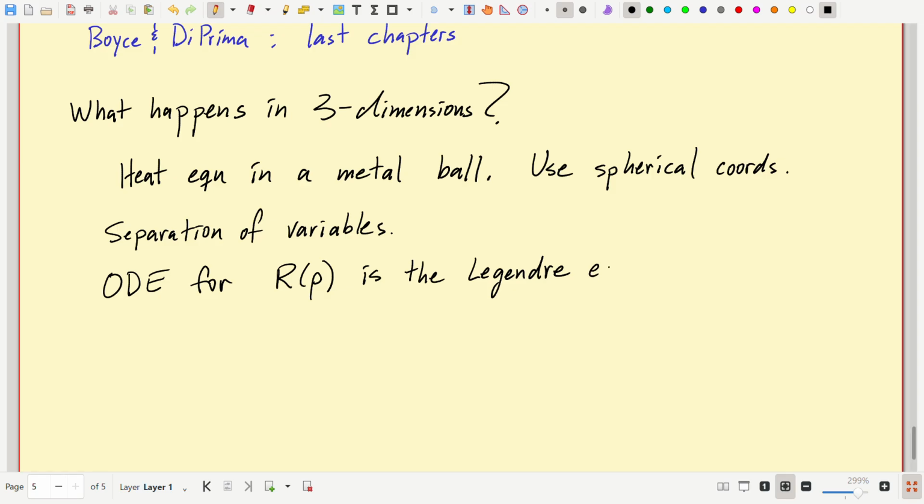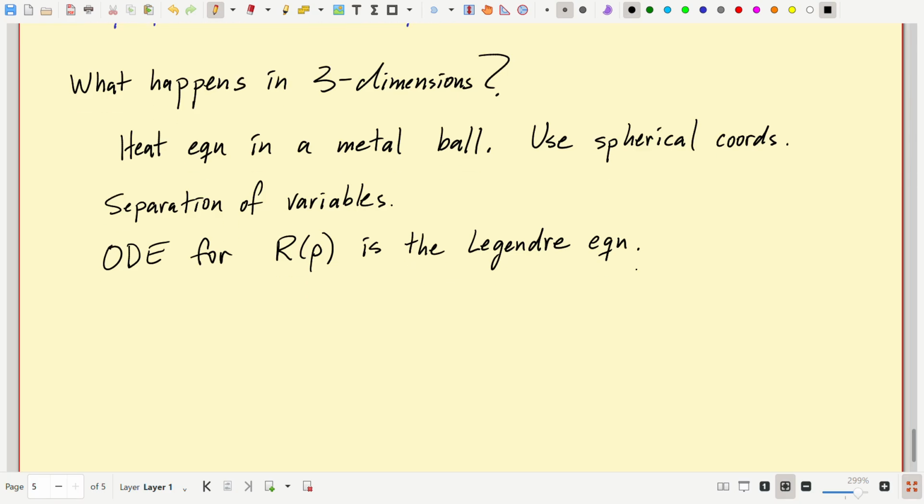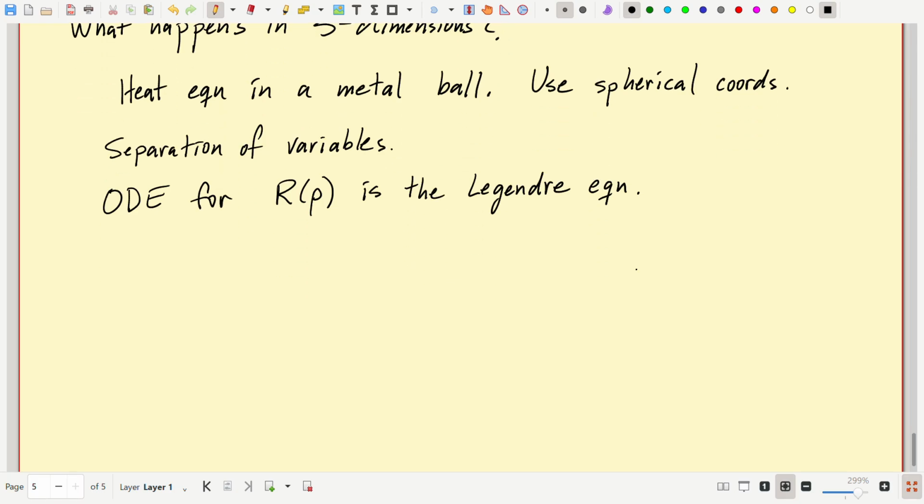And that's where the Legendre equation comes up and why it's so important. It's a second order ODE. And the amazing thing is, you can do the same theory for the Legendre equation, and you get orthogonal functions that way, which are called the Legendre polynomials.